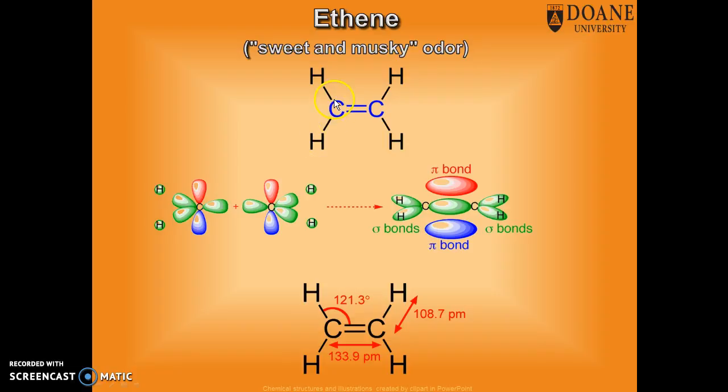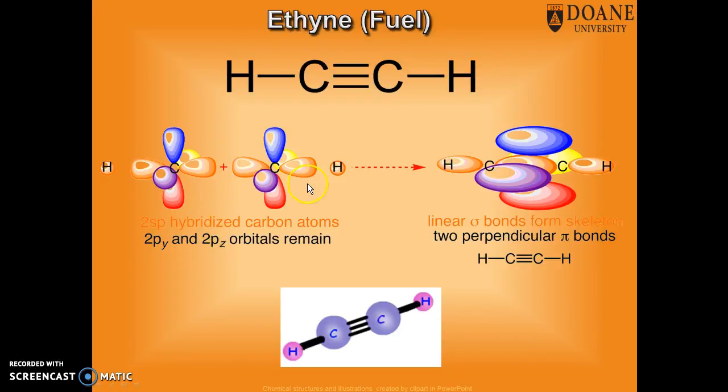Since there is carbon with 3 electronic densities, 3 sigma bonds, that carbon must be sp2 hybridized, leaving 1 p orbital available for bonding. So here's the carbon, and the 3 sp2 hybrids are right here. The orbital that is then responsible for the double bond is this p orbital.